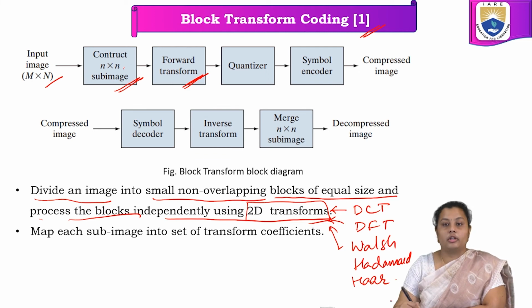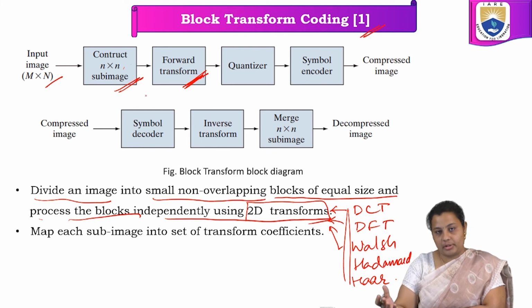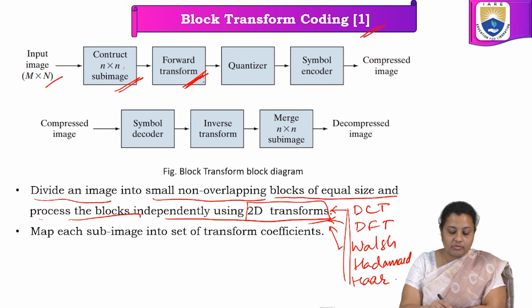So many 2D transforms exist in image processing. After dividing the image into sub images, we apply any of these 2D transforms to each sub image and convert it from the spatial to the frequency domain.